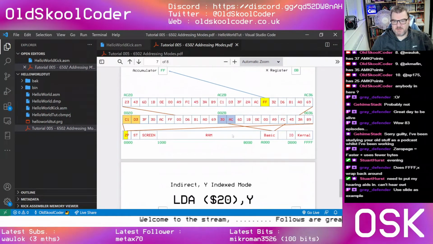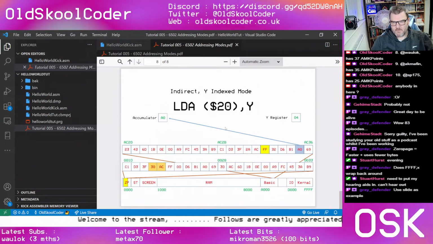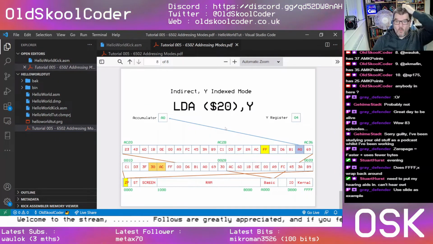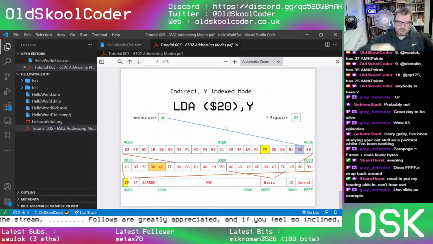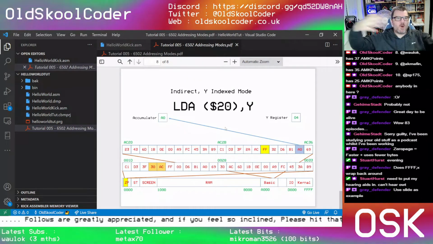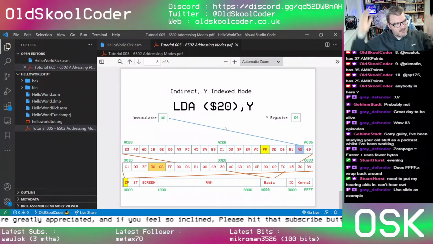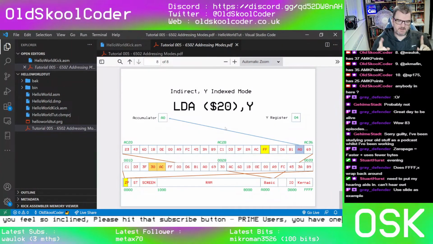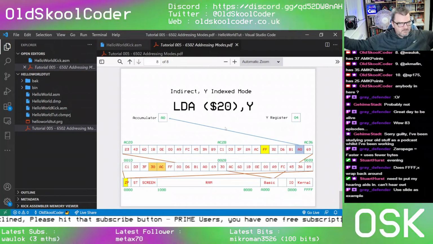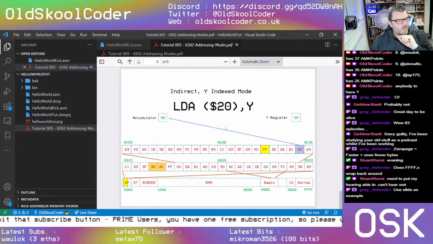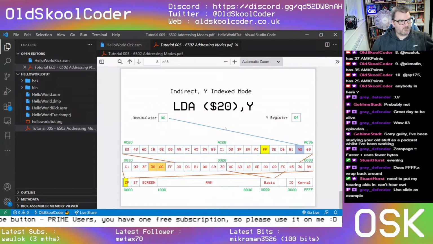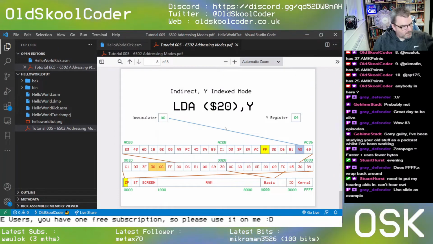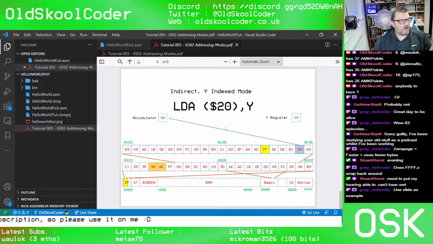The other addressing mode is called indirect Y addressing. Now the indirect Y addressing is exactly the same as the other one. The only difference is, remember your line of post boxes? You're going to post box $20. You're not counting up, you're not counting down. We are looking at that one and that one only. Take the envelope out.